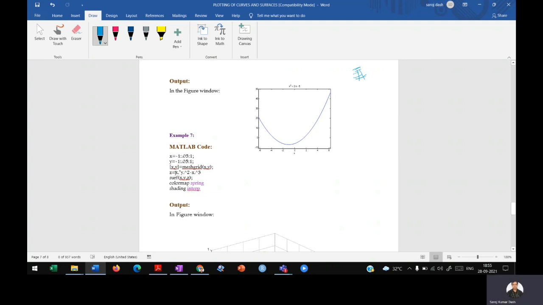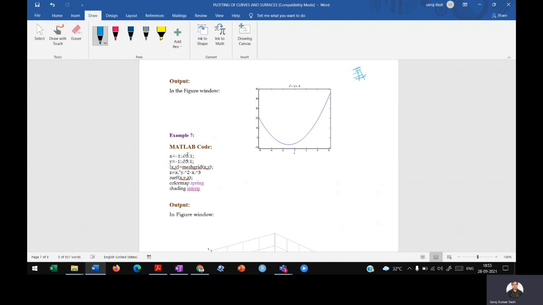Then write the surface z is equal to x into y square minus x cube. Here we are going to use the surf command, that's why we do not define symbols. That's why we have written x dot times y dot square, because when you put dot, it will multiply the corresponding x and y values.